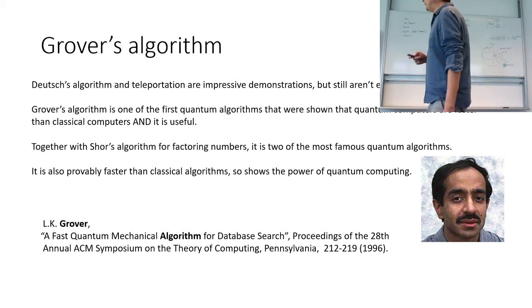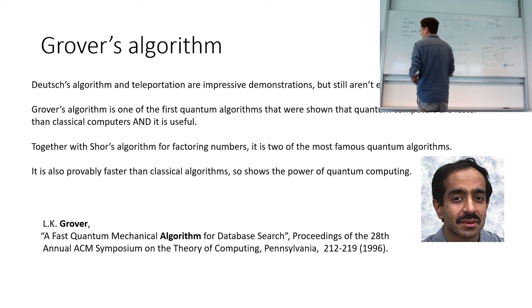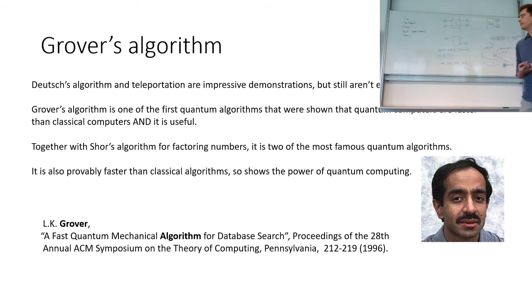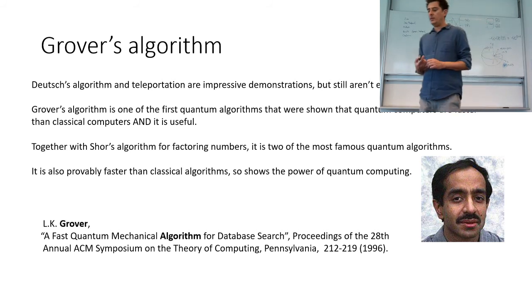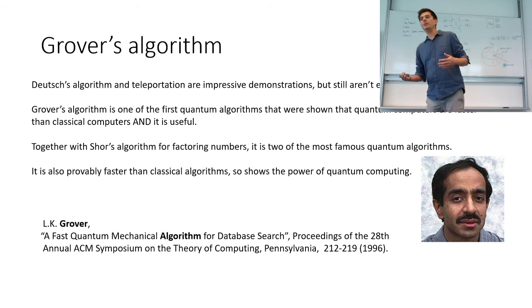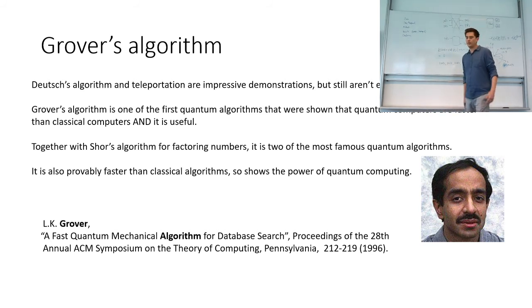Another reason why Grover's algorithm is interesting is because it's provably faster than classical algorithms, which basically means you know that it has to be faster than classical computing because it's possible to prove that there's a particular limit on classical computers.